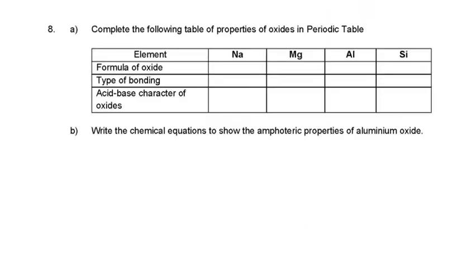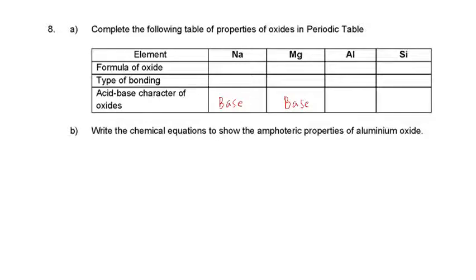Okay, let's continue with tutorial question number 8. Complete the following table based on the property of oxides in the periodic table. As we know, sodium is a metal, so its oxide will be basic. Magnesium, metal also, base.